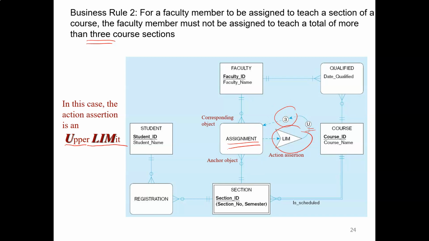You cannot have more than 3 assignments for the same faculty member. So that's how you model this business rule in the ER diagram. For more complex business rules, you may not be able to use these symbols to express them clearly. Well, what you will do is you will just write these business rules as footnotes to the ER diagram.